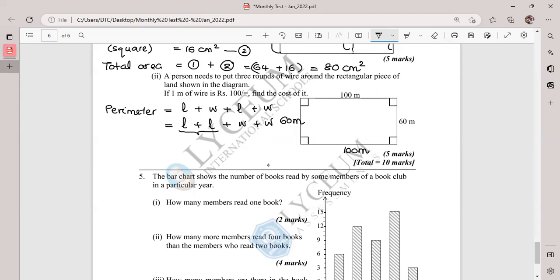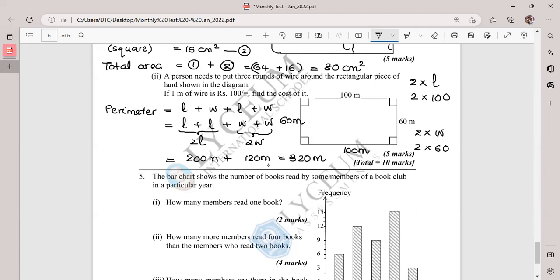So then you have this is 2L and this is 2W, right? 2L means 2 times L. That means 2 times 100, right? So 2W means 2 times W. So that is 2 times 60, right? So how do you add this? 2L means 200 meters, and 2W means 120 meters. Altogether it is 320 meters.